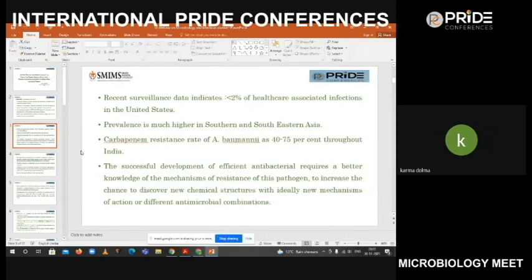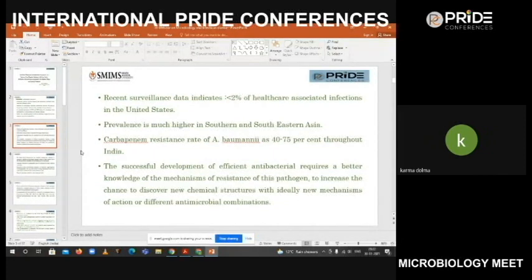Now, carbapenems are considered to be one of the drugs of choice for treating Acinetobacter infection. However, increased resistance to this class of antibiotic has been reported worldwide. And we see India reporting about 40 to 75% resistance rate of Acinetobacter baumannii.